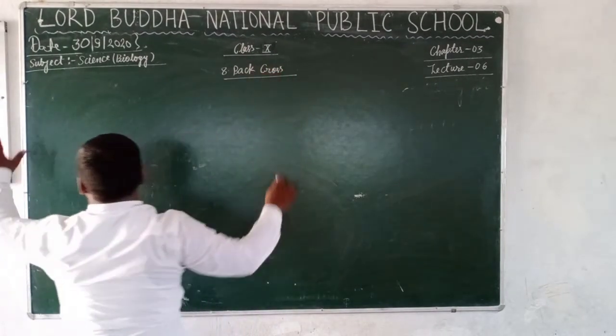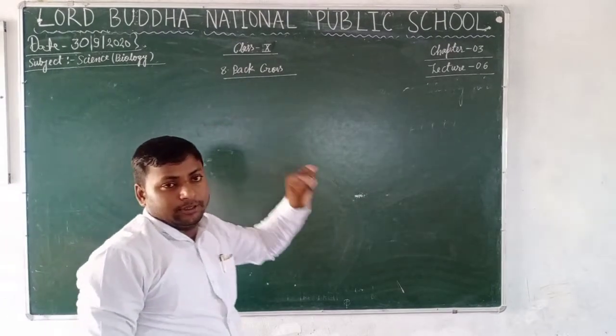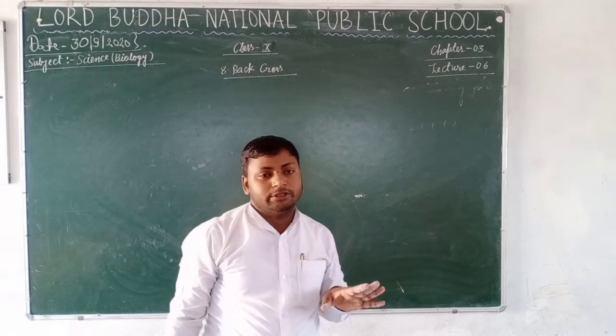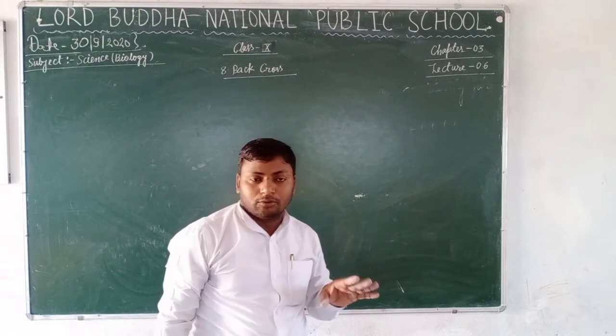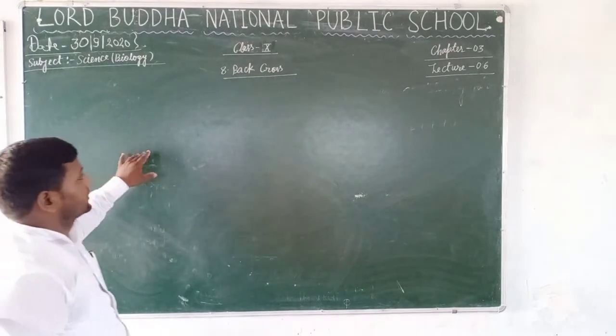Students, what is back cross? When the cross is made between the parent and the individuals of the F1 generation, such a cross is said to be a back cross. These are very short topics.